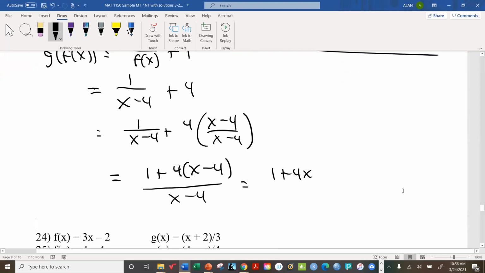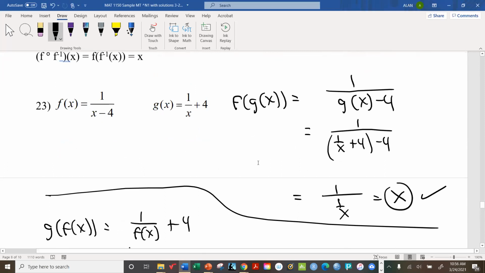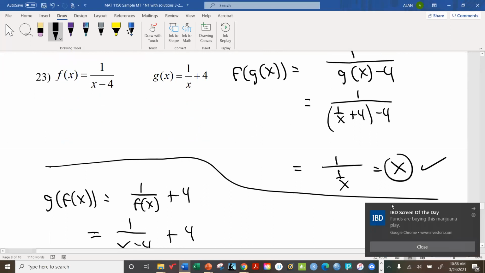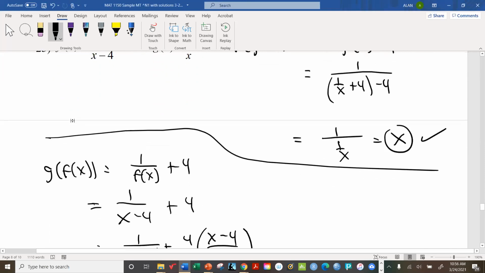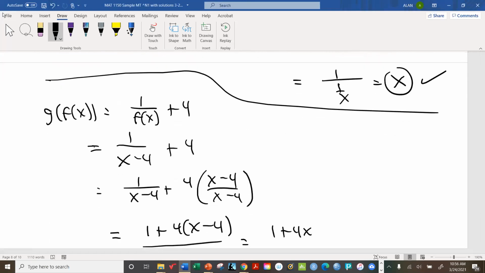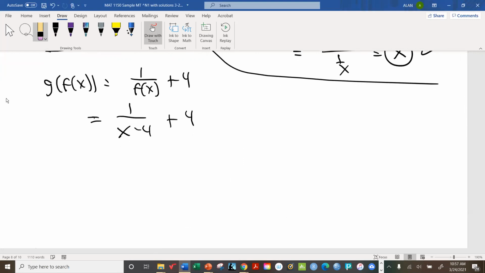Oh, wait a minute. Something's not right here. The first part is fine. Let me look at this again. 1 over f of x plus 4. Oh, I know where I screwed it up. No, sorry, my fault. I could see something wasn't right. It's because f of x is itself 1 over x minus 4. So therefore, this is not right.